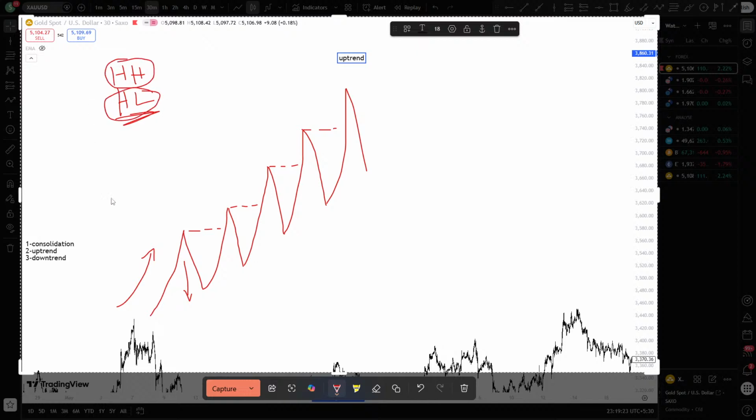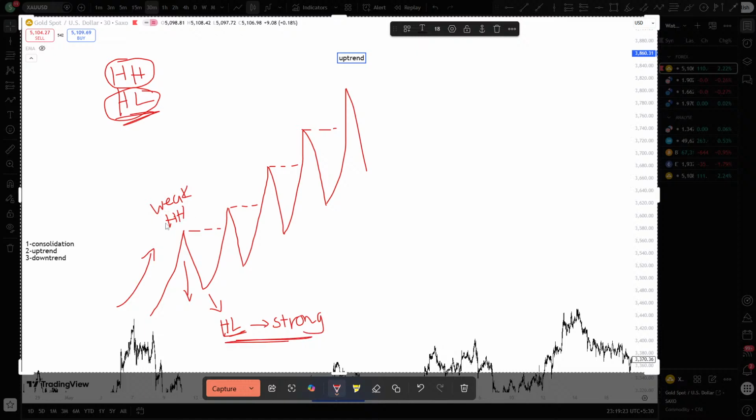When the market is in an uptrend, we are expecting the higher high to be weak, and we are expecting the higher low to be strong.